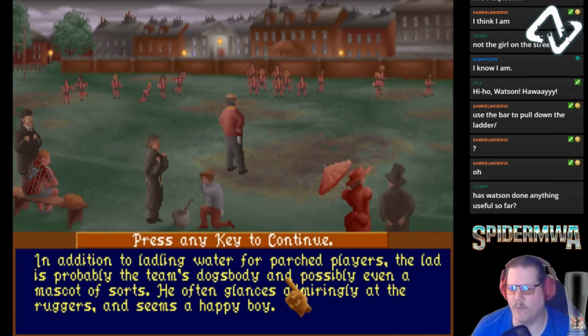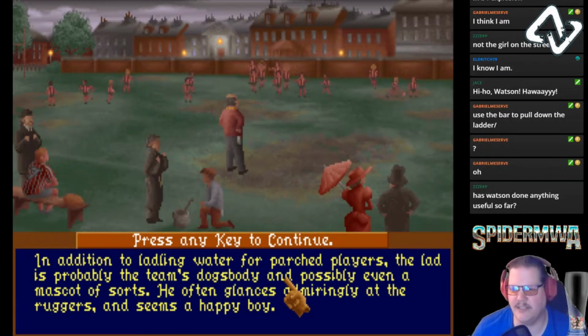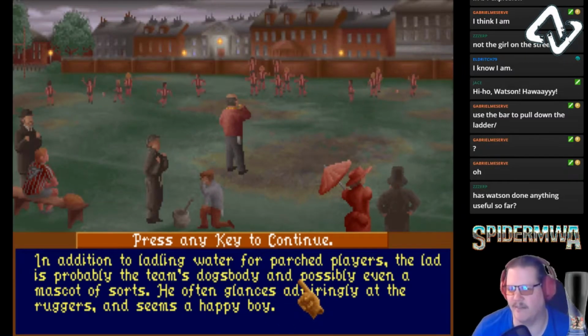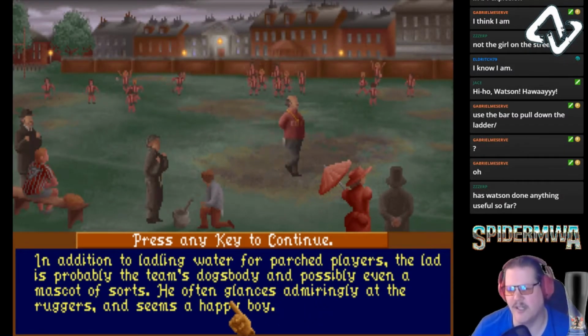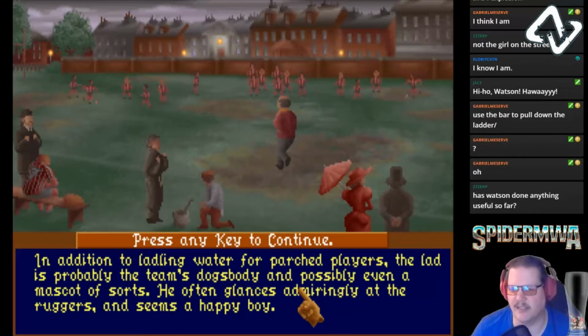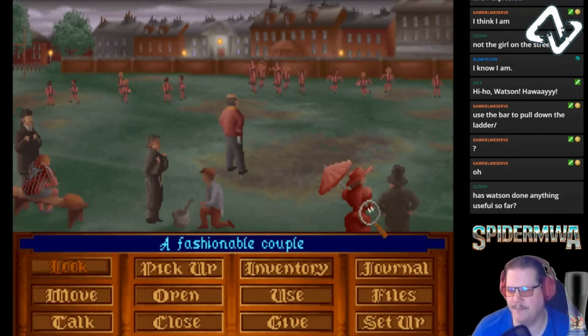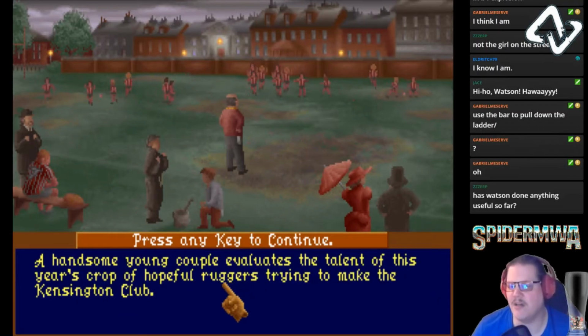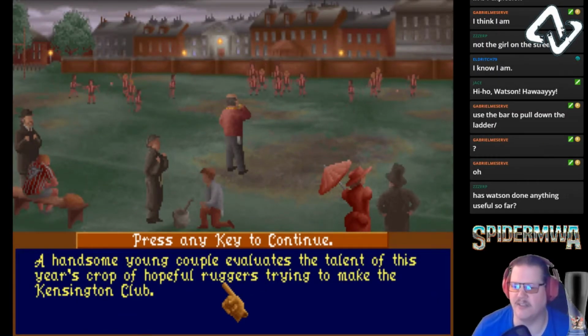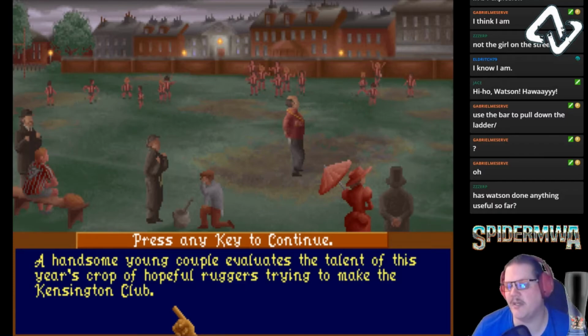In addition to ladling water for parched players, the lad is probably the team's dogsbody and possibly even a mascot of sorts. He often glances admiringly at the ruggers, as he's a happy boy. A handsome young couple evaluates the talent of this year's crop of hopeful ruggers trying to make the Kensington Cup.